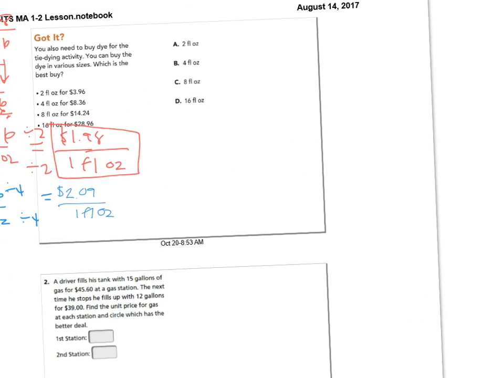Alright, so our next one is $14.24 for 8 ounces. I need it to be 1, so I need to divide by 8 on top and bottom. So 14.24 divided by 8. 8 goes into 14 how many times? It's 1.